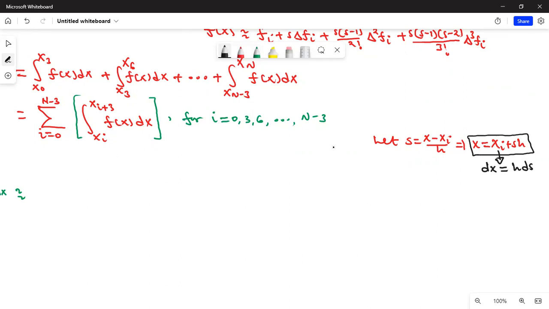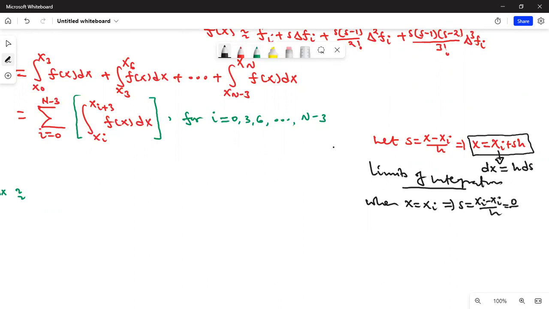Now, what about the limits of integration? When x is equal to xi, our s will be equal to xi minus xi over h, that is 0 over h, which is 0.